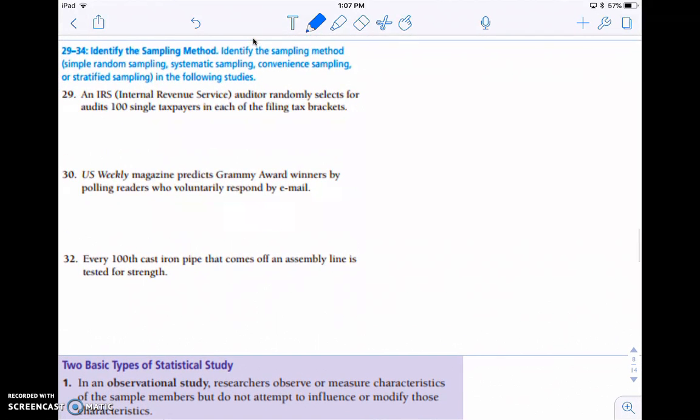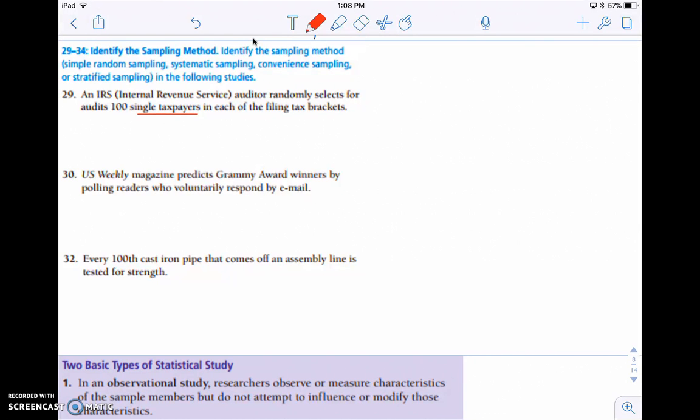Okay, next, in these three questions I have here, let's identify the sampling method. Again, we're looking at those four we mentioned earlier: simple random sample, a systematic sample, convenience sample, or a stratified sample. So the first one: an IRS, which is the Internal Revenue Service, auditor randomly selects for audits 100 single taxpayers in each of the filing tax brackets.